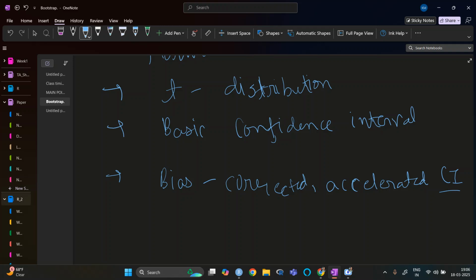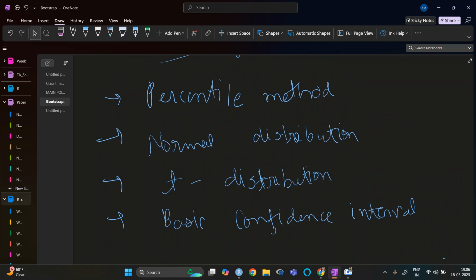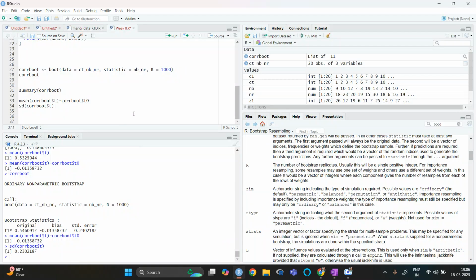The first three are very much name dependent. The percentile method is basically this: you have data, and in that data we can make a histogram of it. I can make the histogram of T, not of core boot.